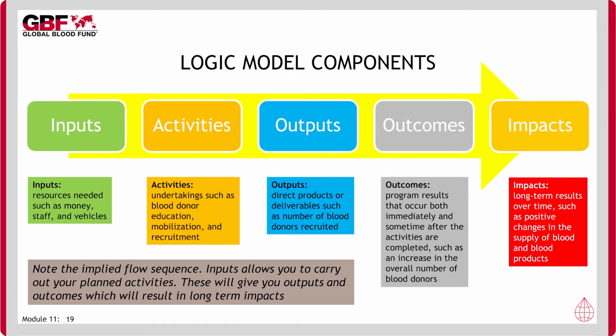The activities are undertakings in the blood donor recruitment program which allow it to accomplish its objectives, such as blood donor education, mobilization, and recruitment. The outputs are the direct products or deliverables of the blood donor recruitment program or project, such as the number of blood donors recruited, number of blood units collected, or number of blood products distributed.